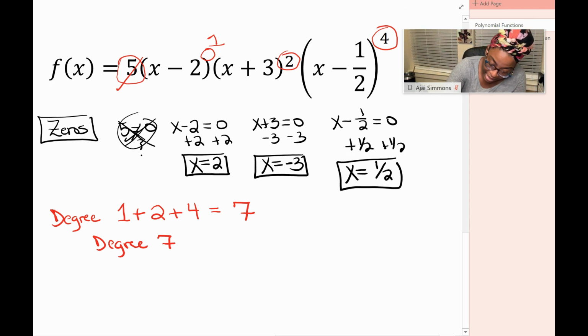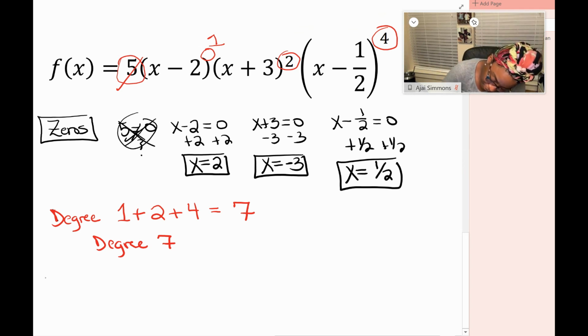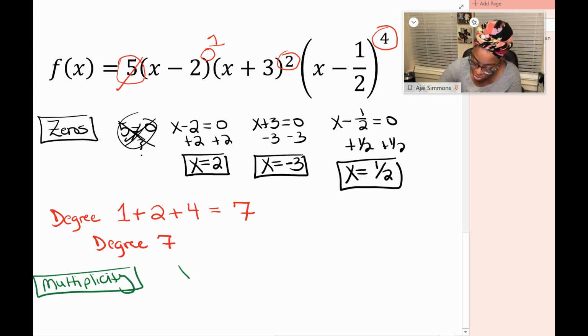And then lastly, let's talk about multiplicity. So what's the multiplicity of x equals 2? It goes back to the power. Okay. The multiplicity is going to be 1 because the power was 1.